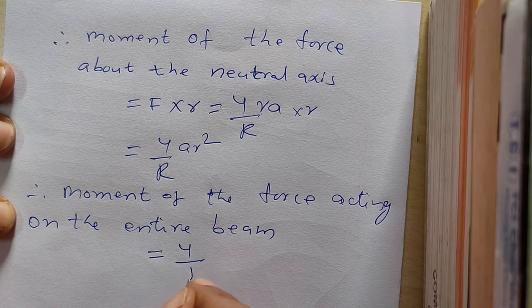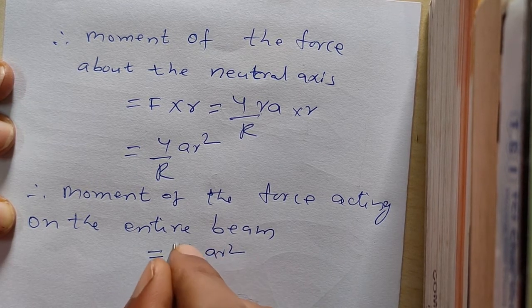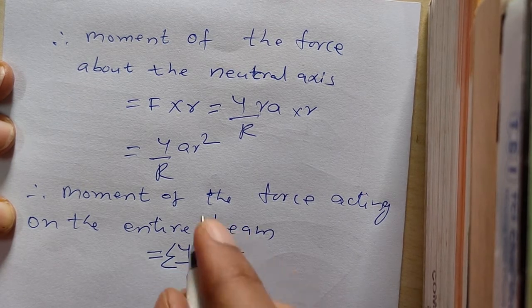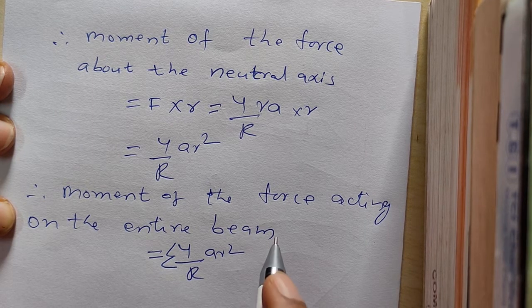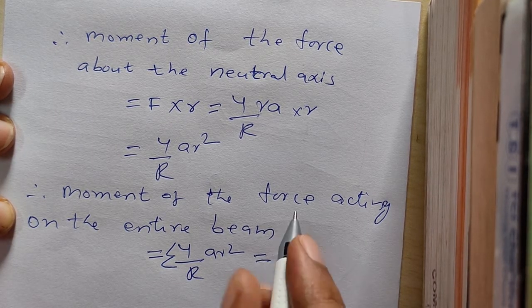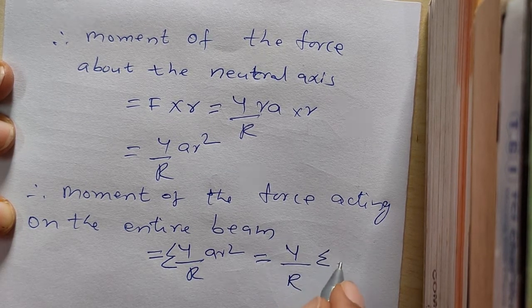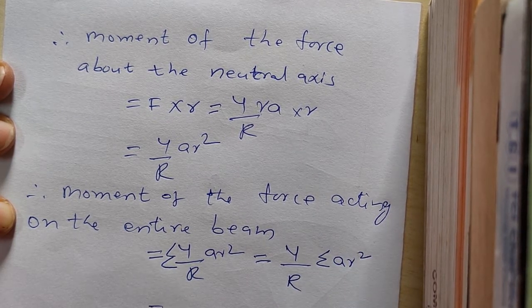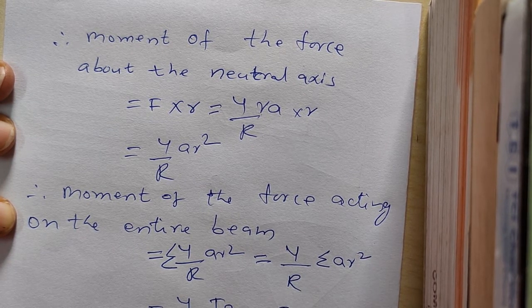So Y by R into summation A r square, the sum of the force due to all the filaments, is equal to Y, the Young's modulus, divided by R, summation A r square, that's equal to Y by R into Ig, where Ig is called the geometrical moment of inertia, which is equal to sigma A r square.